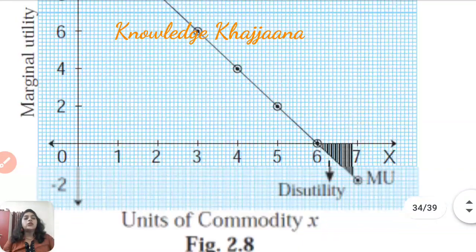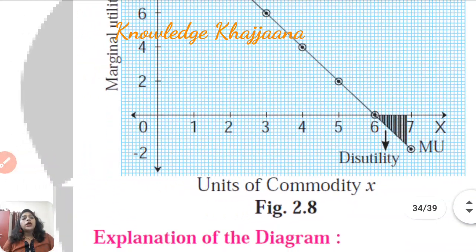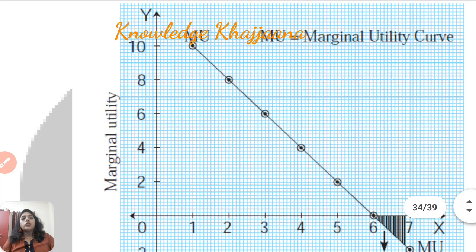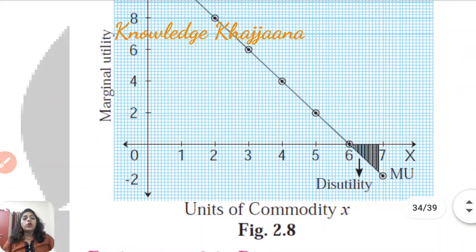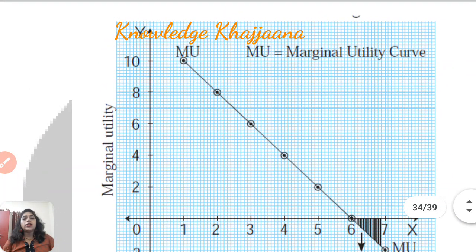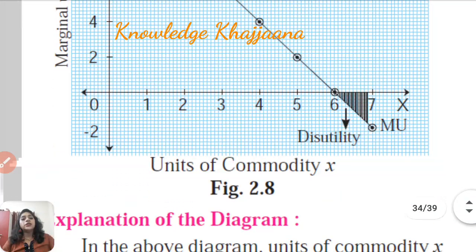On this graph only units of commodity consumed and marginal utility are shown; total utility is not shown. Marginal utility is the additional benefit which you receive by consuming an additional unit.